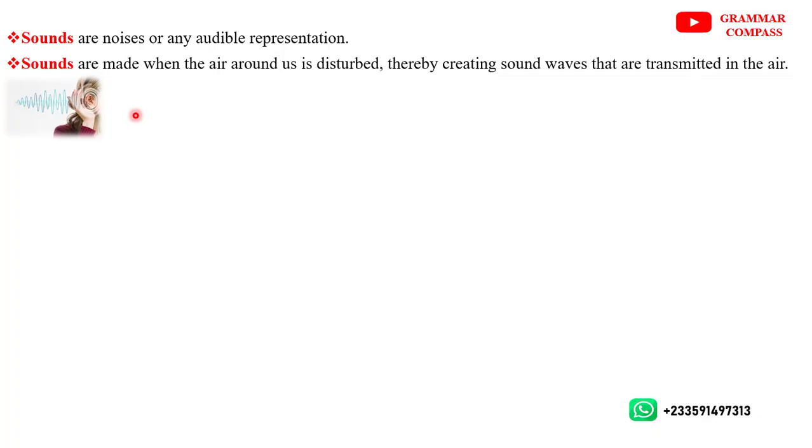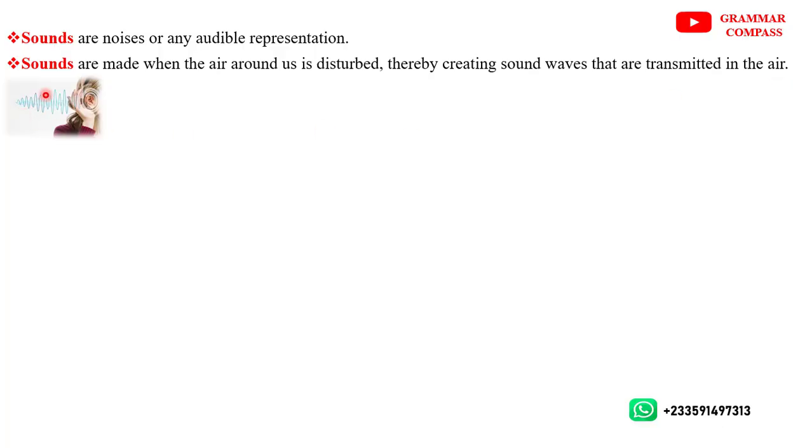This means that we cannot talk about sounds without talking about the sense of hearing. Your ear is involved when speech sounds are concerned. The next question is, how are these sounds produced? Sounds are made when the air around us is disturbed, thereby creating sound waves that are transmitted in the air.